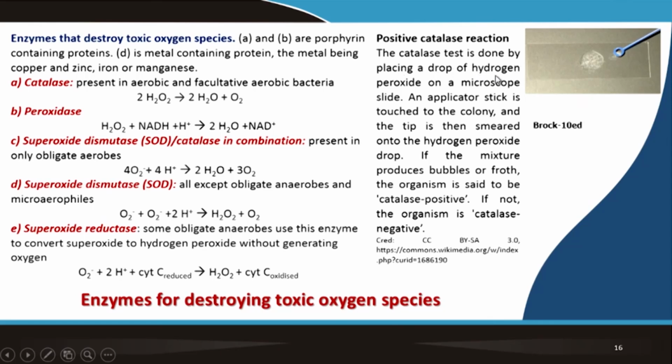It is done by placing a drop of hydrogen peroxide on a microscope slide. A little bit of the colony of the microorganism that you want to test is picked up on an applicator stick, and the tip is then smeared into the hydrogen peroxide drop. If there are bubbles or froth, the organism is considered catalase positive, and if there are no bubbles, no froth, the organism is considered catalase negative.